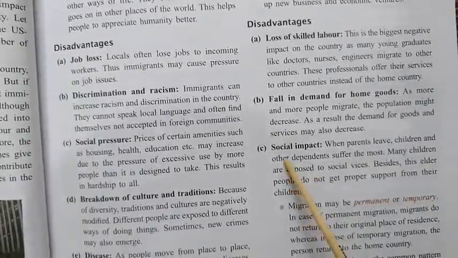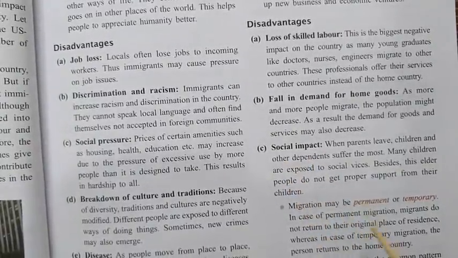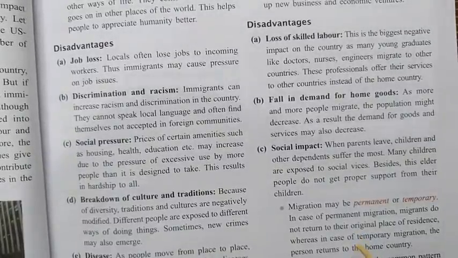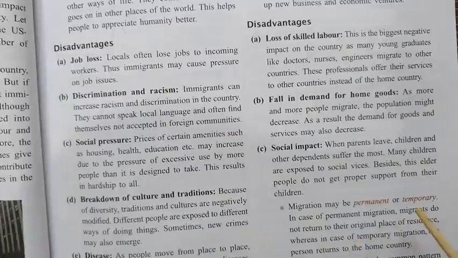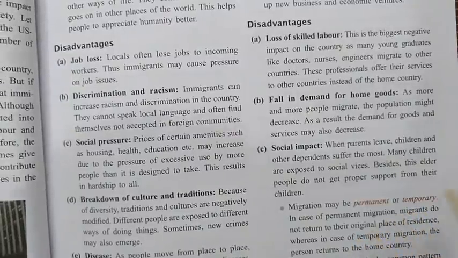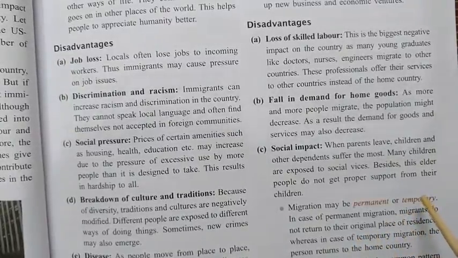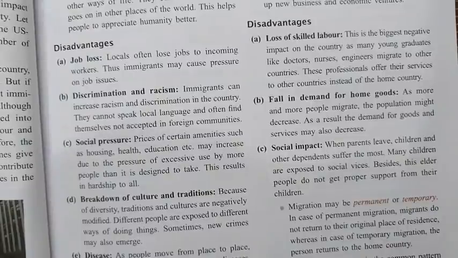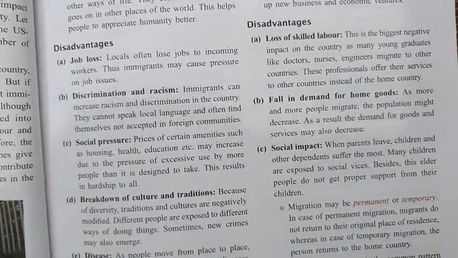Next is the social impact. Suppose in one family in India, the father leaves the family and goes to the United States of America, while his children and wife stay back in India. Suppose he has gone there for 5 years.